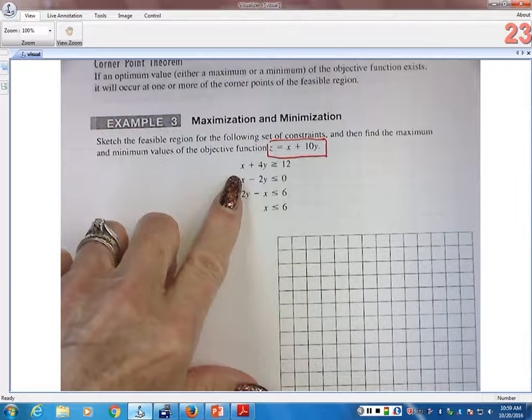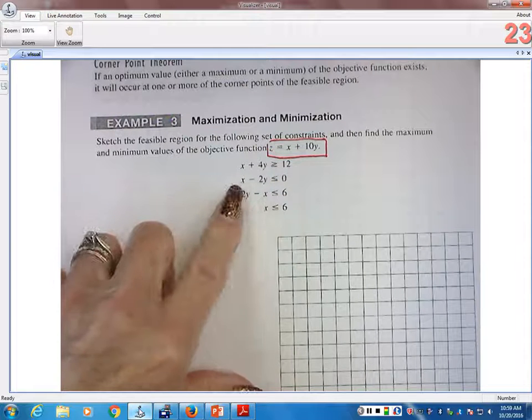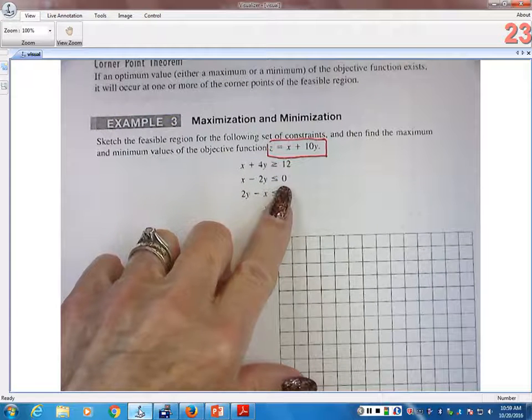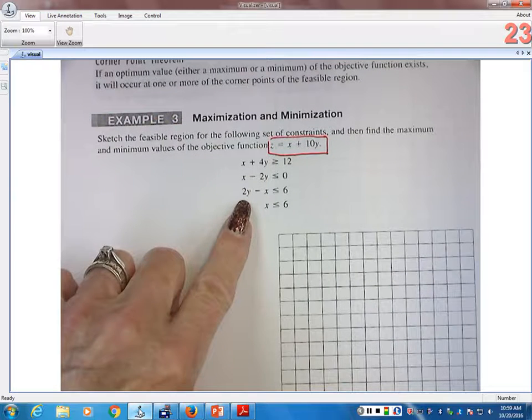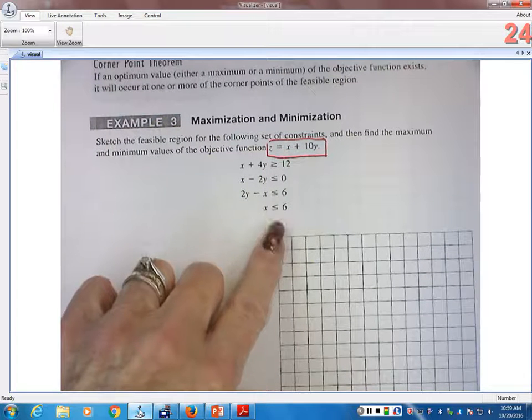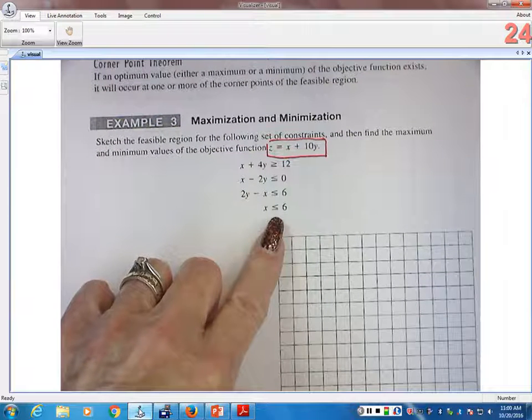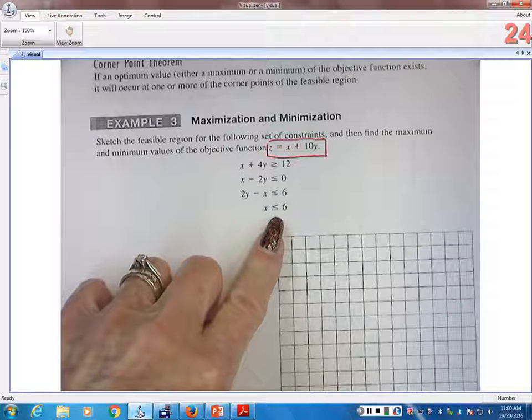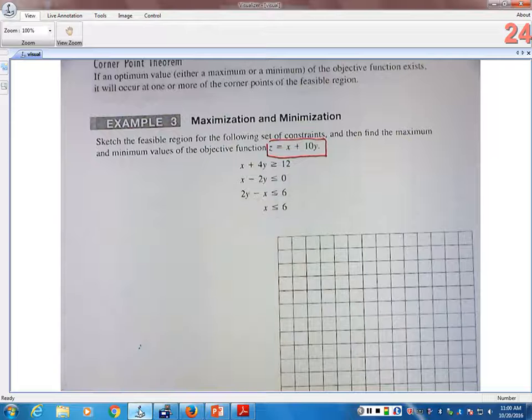X plus 4y is equal to or greater than 12. X minus 2y is less than or equal to 0. 2y minus x is less than or equal to 6. And x has to be equal to or less than 6. Now there's nothing that says x has to be positive or y has to be positive, so we want to graph so that we can see all the plots.